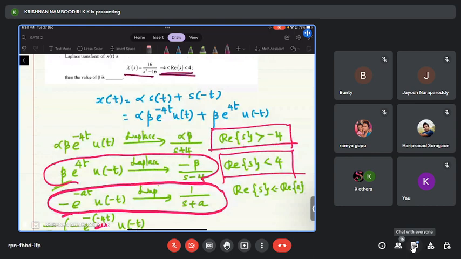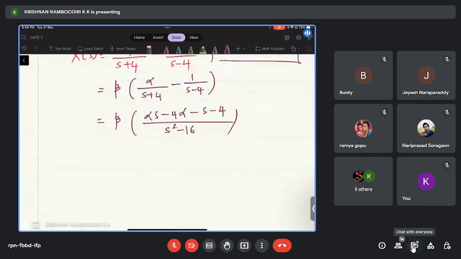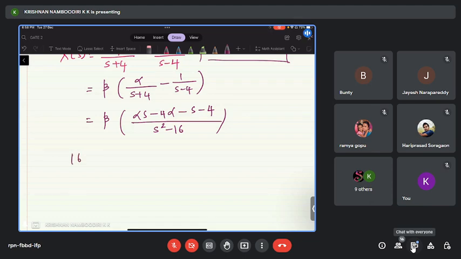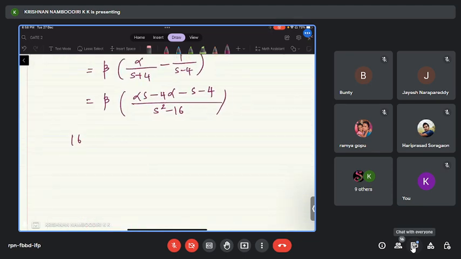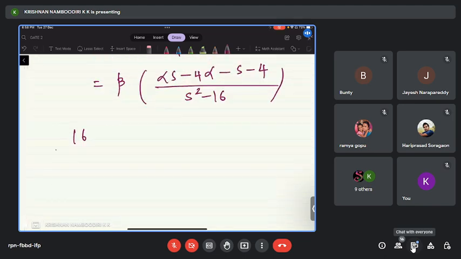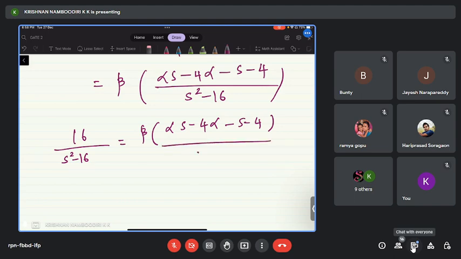So now we just need to equate this expression X of s. This must be equal to 16 divided by s square minus 16, which should be equal to beta into alpha s minus 4 alpha minus s minus 4 divided by s square minus 16.